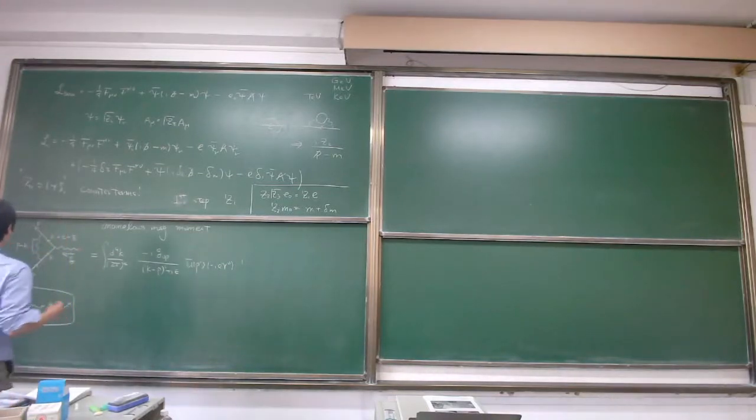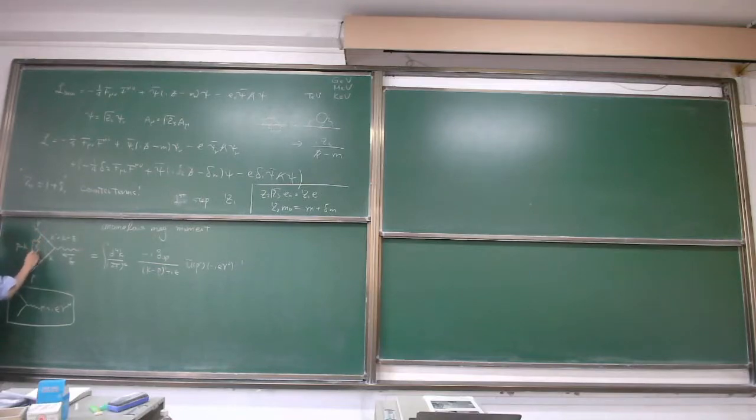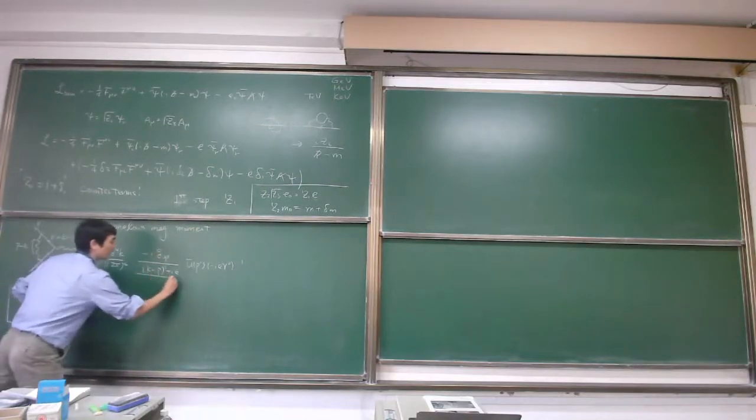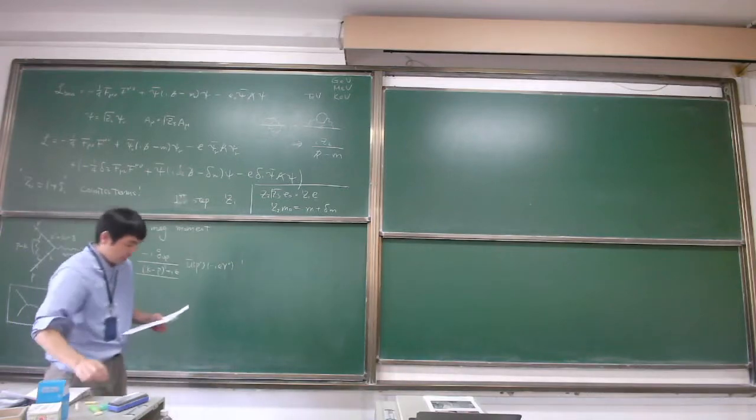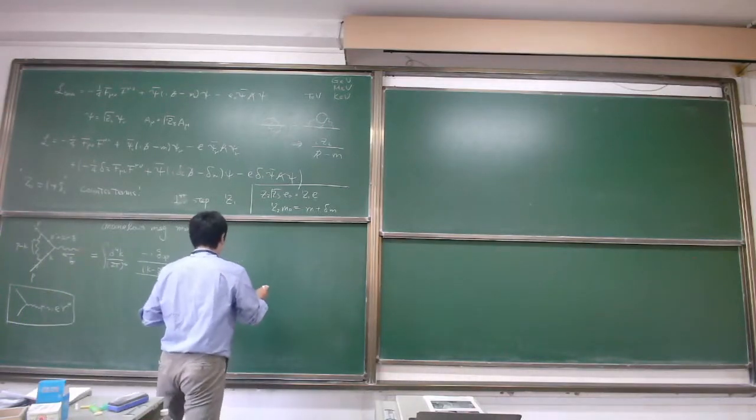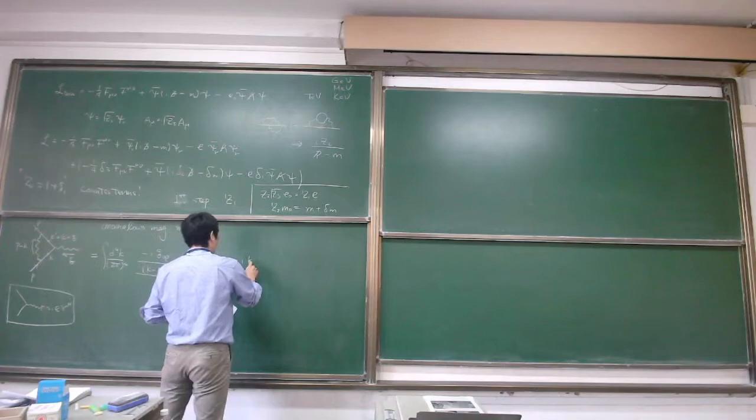Okay, let's do it step by step. This photon propagator is this guy, and then we have the fermion propagator.